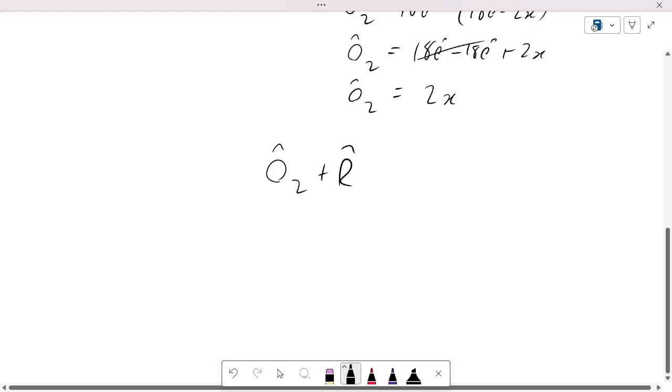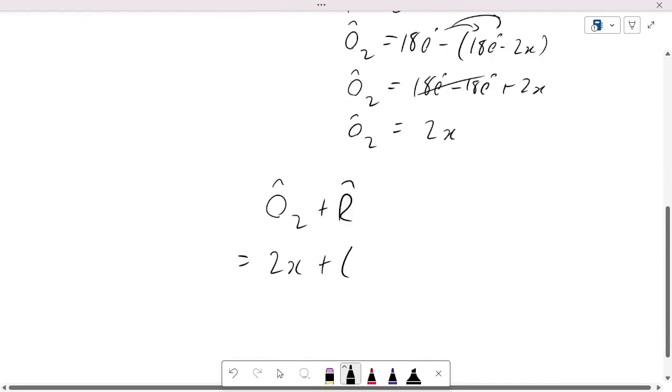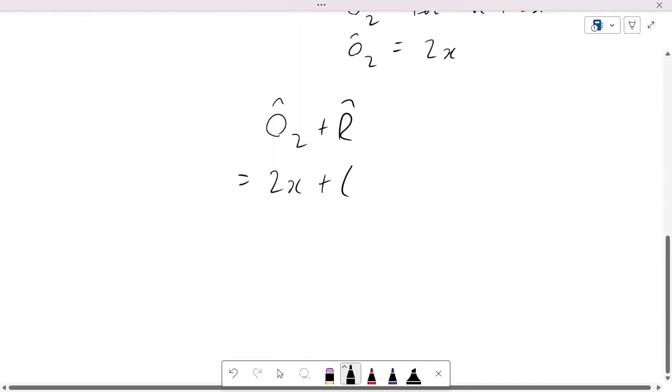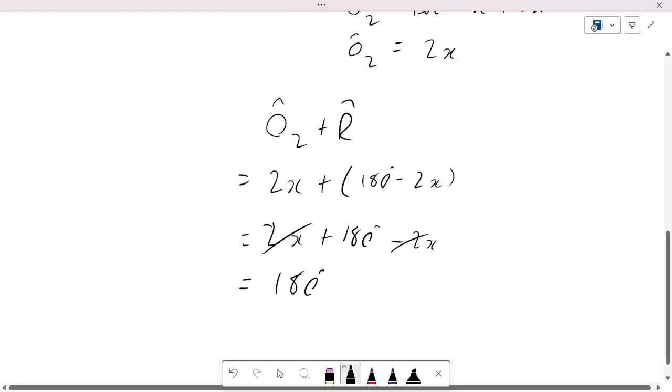So let's do that. We write equals over here. We know that O2 is equal to 2x, and we're going to say plus, in brackets, we know that R is equal to 180 degrees minus 2x, right? I'm pretty sure we can see it already. We can write 2x plus 180 degrees minus 2x, and these two 2x's will cancel, and therefore we'll get 180 degrees.